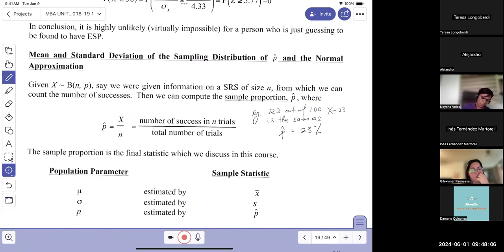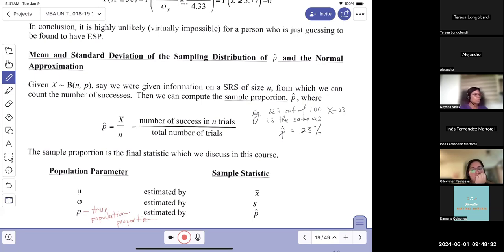This is the true population proportion. The population parameter. So p hat estimates the population parameter. It's very important from here on out that you understand the difference because that is going to mess you up.